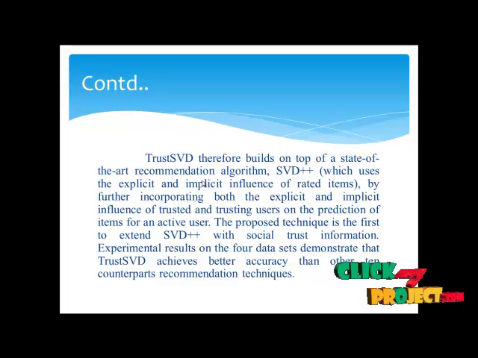The proposed technique is the first to extend SVD++ with social trust information. Experimental results on the 4 datasets demonstrate that TrustSVD achieves better accuracy than 10 other counterpart recommendation techniques.